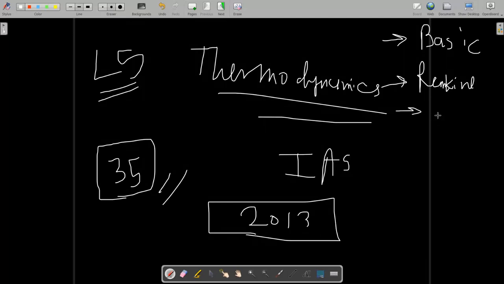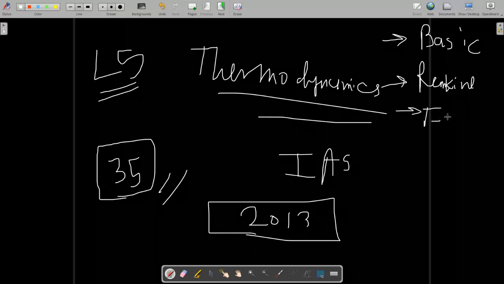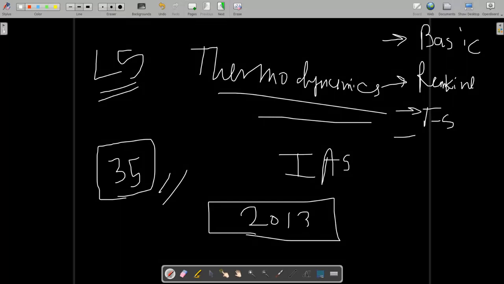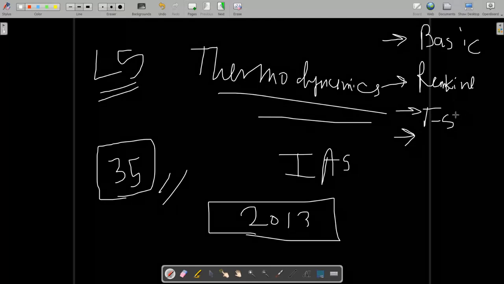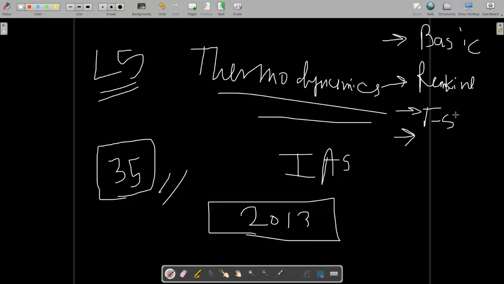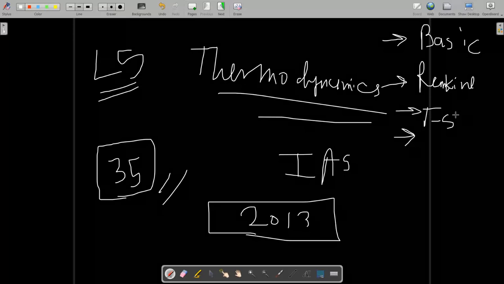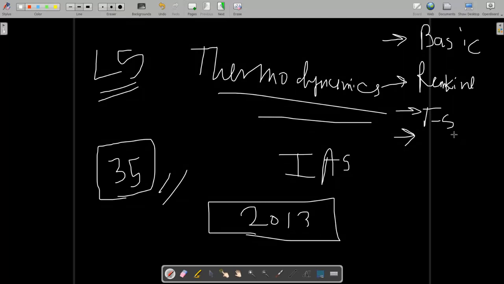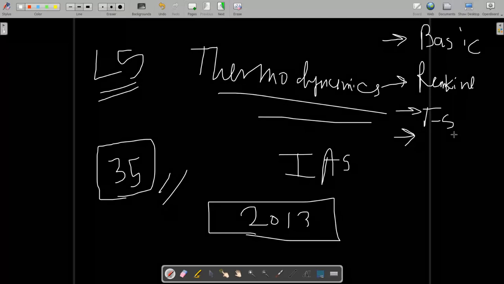Another thing is the TS diagram, which you know very well because you have studied it in your 4 years of academics. That is the TS diagram basics, like which line represents constant temperature and constant pressure, and in which region how the line can be represented.